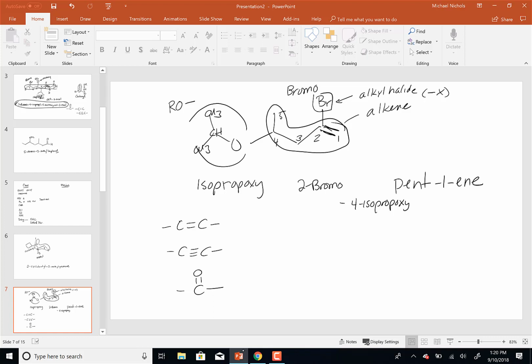So where these functional groups are present and they're not the highest priority, they will be part of the longest chain, if at all possible. And if you look at the rest of the functional groups, they're kind of hanging off the side of the longest chain. They would be making a beginning of a chain.